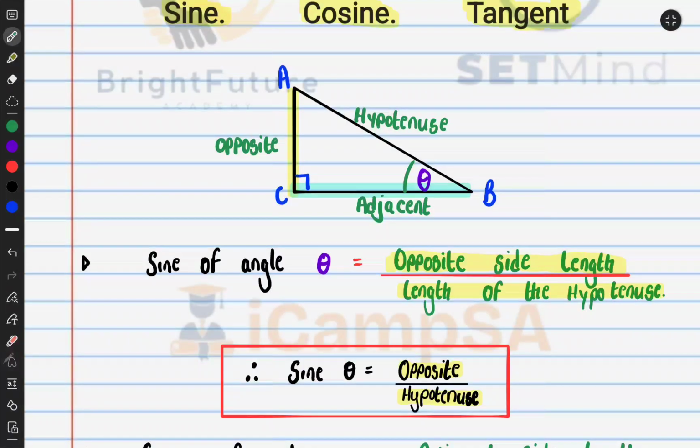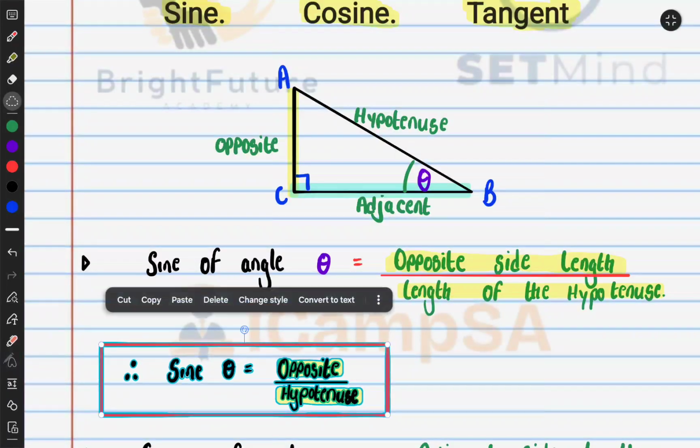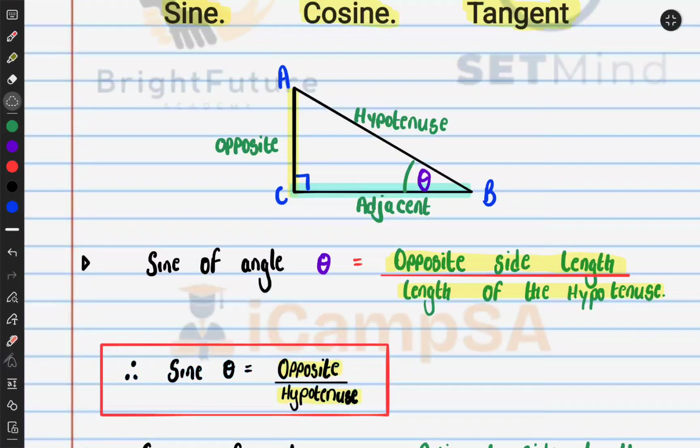So let's quickly go back to the diagram that we have sketched. If we were asked to find the sine of theta in reference to the diagram with A, C and B, what is sine theta?